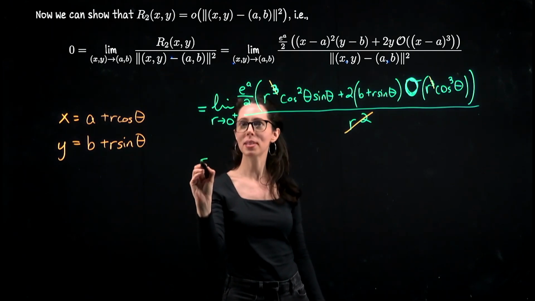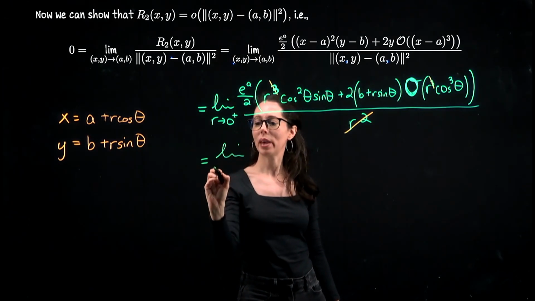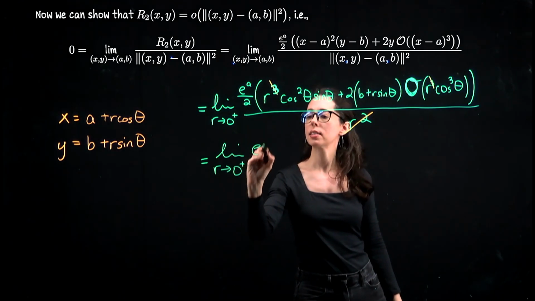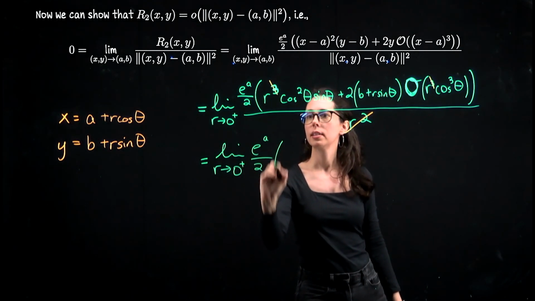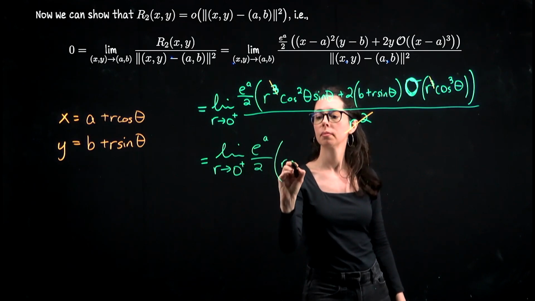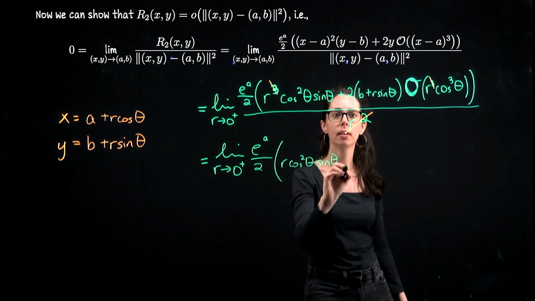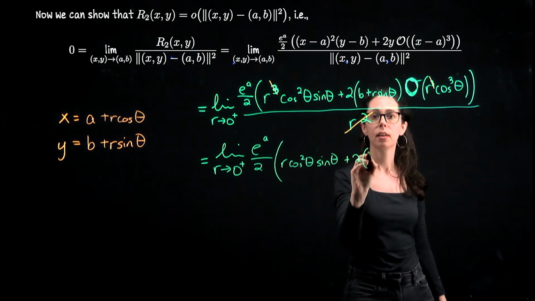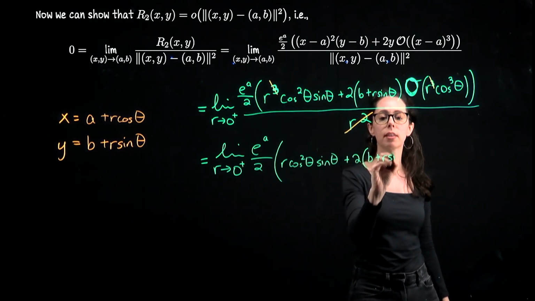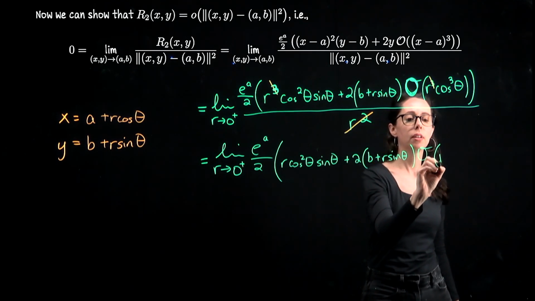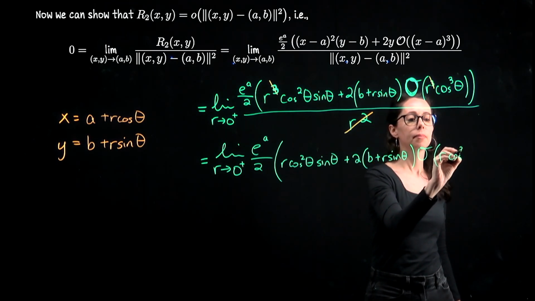Yeah, I'll write this one more time. It's the end of this lesson. So we have the limit as r shrinks down to 0 of this constant number e to the a over 2 times r cosine squared theta sine of theta plus 2 times this, which doesn't vanish, it goes to b, but that's okay, times big O of r cosine cubed.